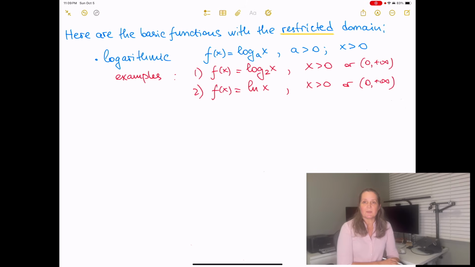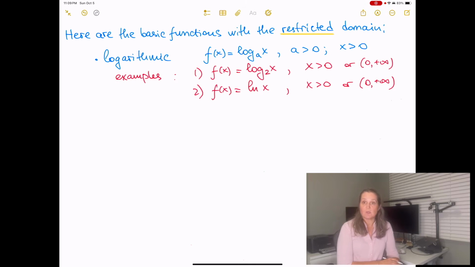Now let's recall some examples of basic functions that do have restrictions on the domain. For example, a logarithmic function. A logarithmic function can have a base a that is any positive number, but it requires that the input x is also strictly positive. For example, the logarithm with base 2 of x takes as an input any strictly positive number.